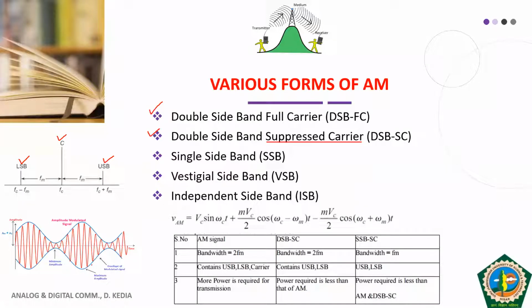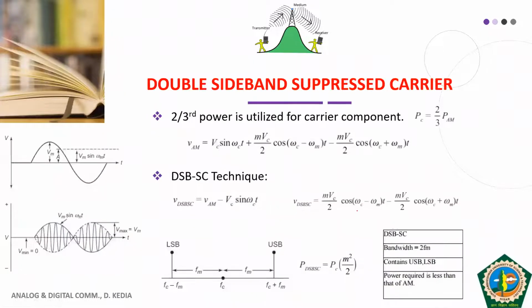So let us see what is the meaning of this double sideband suppressed carrier. See, this is the original AM signal where we have three components. One is the carrier, another is the lower sideband, and third one is the upper sideband. And we have also seen the total power which is used in this simple AM or double sideband full carrier AM.